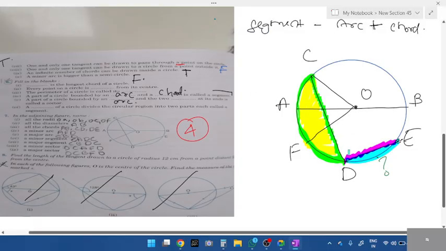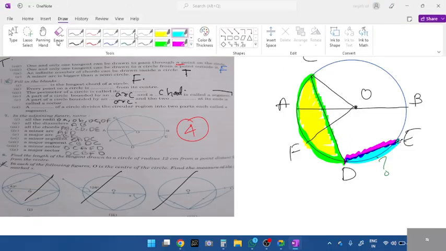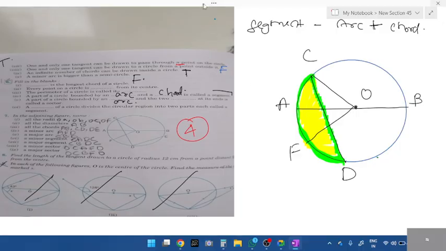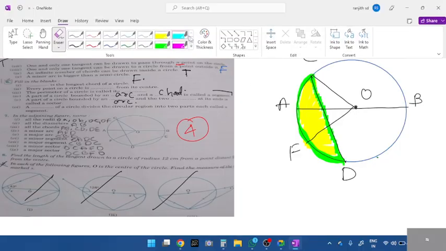Look, students, how many points does this yellow region have? CAFD, right? Respond all of you. Apart from CD, it should have at least one extra point, students. But DE doesn't have any extra point. We can't consider it as a segment. This is a minor segment.